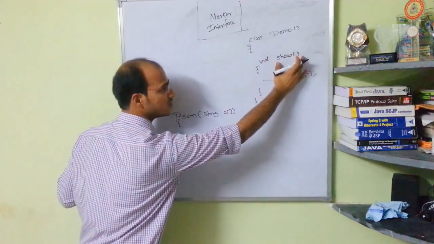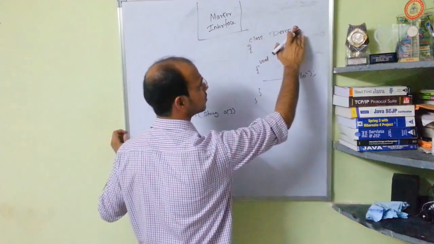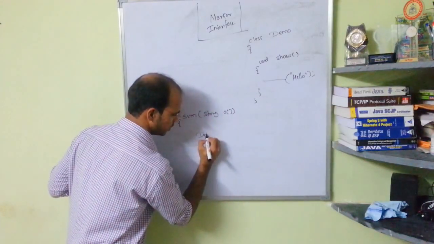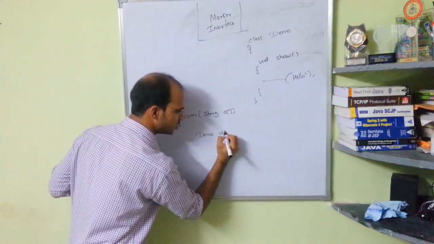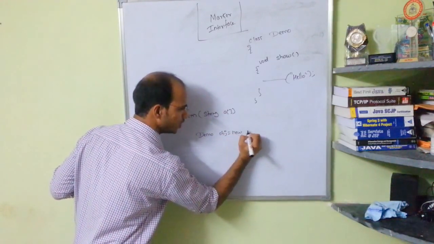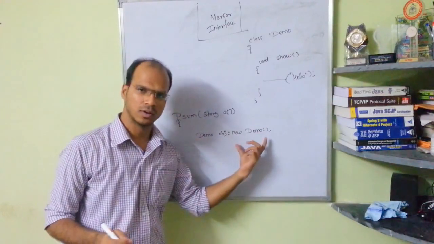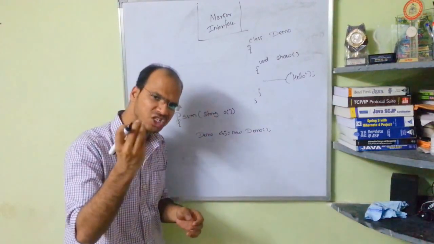To call this method, I need to create an object of demo: demo obj equal to new demo. So we have an object called obj.